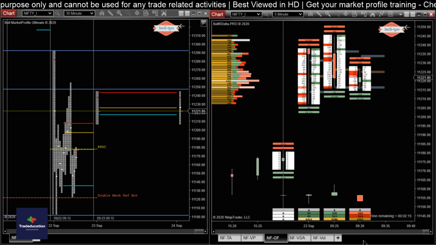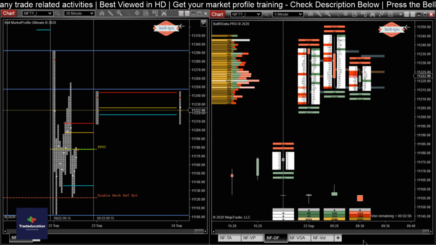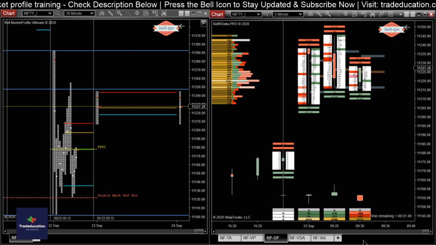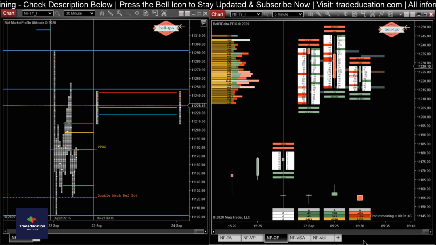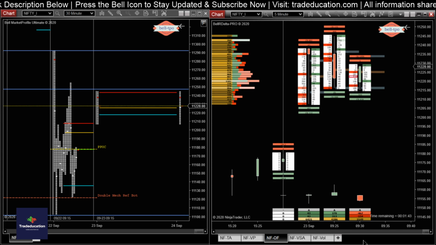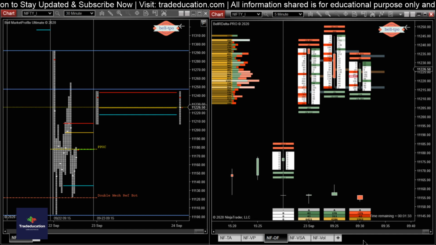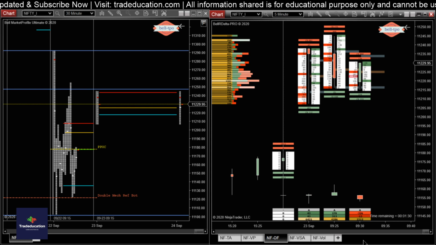Now it is getting rejected at the VWAP. One minute to go, 2300 contracts traded.